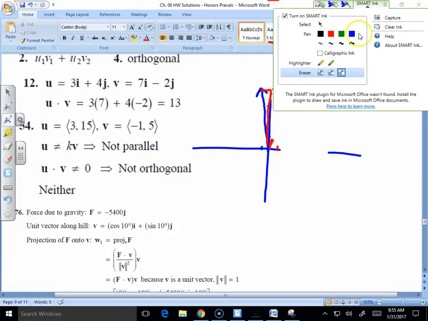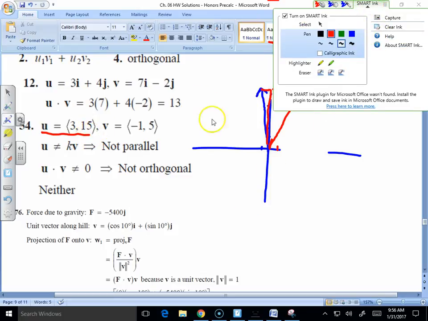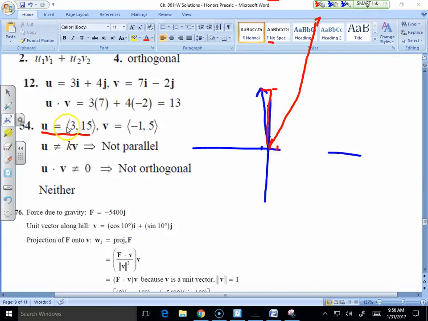Since they're not parallel, that's all well and good, but my question is, what would have made it parallel? Who would be a parallel guy to this first one? How about -3 and -15? No, -3 and 15. What would that really change?